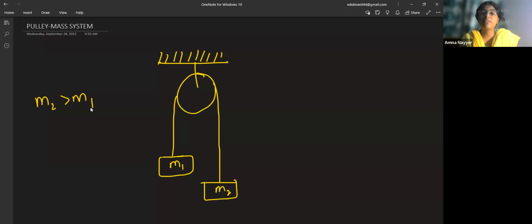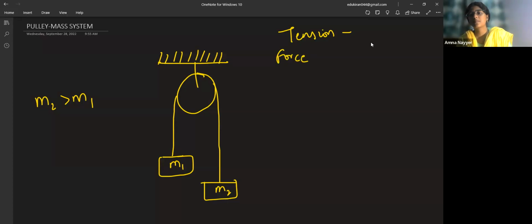Now, one force that is being introduced to you right now is the force of tension. Tension is the force that acts along ropes or strings.